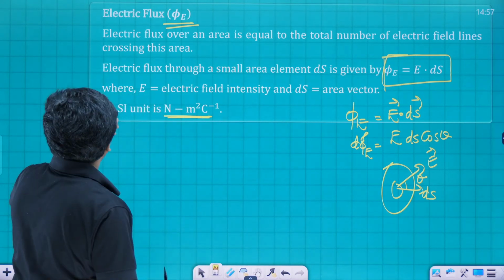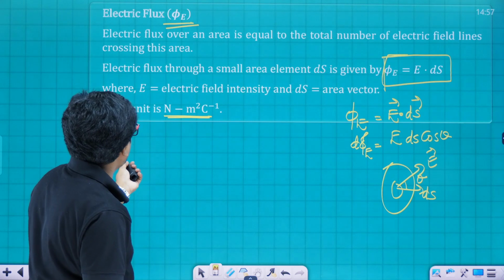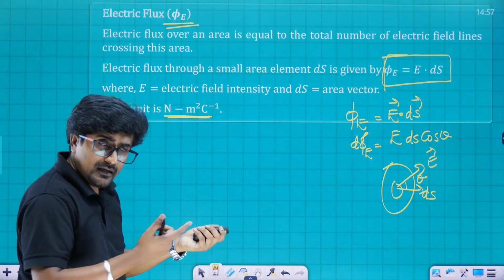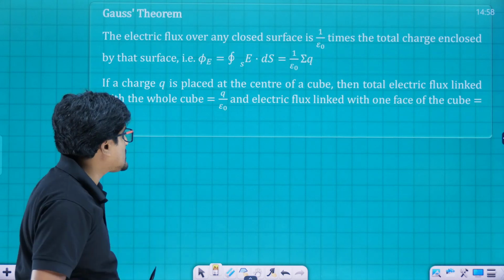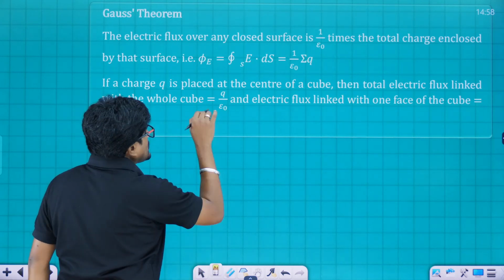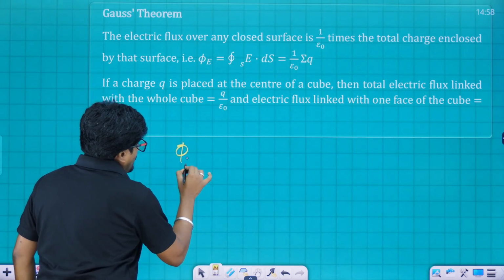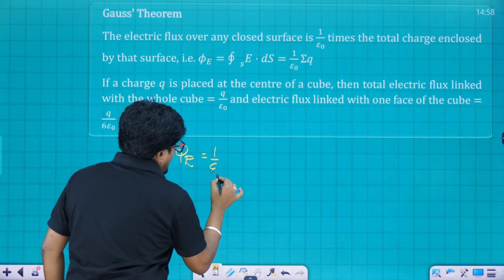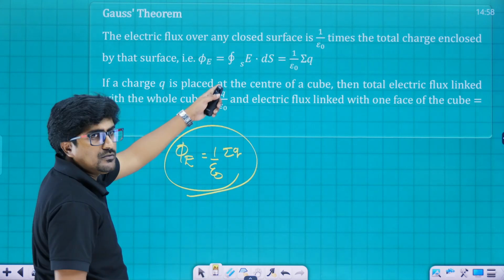Now moving to the next, that is Gauss theorem. Obviously you know that this is again an area of greater weightage. So let's see what Gauss theorem says. If we have a Gaussian surface, then the total flux linked phi suffix E is 1 divided by epsilon naught times the total charge enclosed.